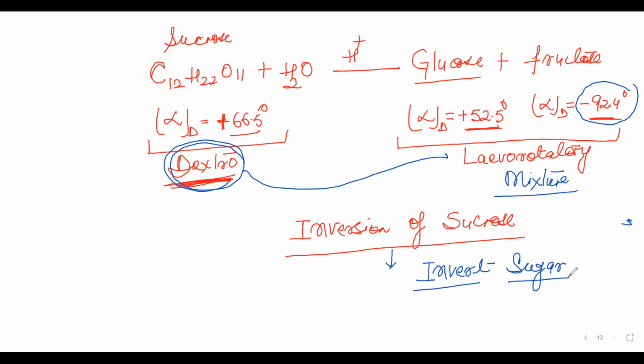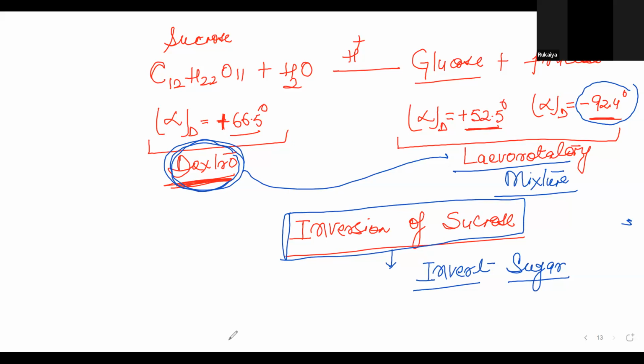So this phenomenon of change of optical rotation from a dextro-rotatory to levo-rotatory is called as inversion of sucrose, and hence sucrose is called as invert sugar. Clear to everyone? Yes, sir.